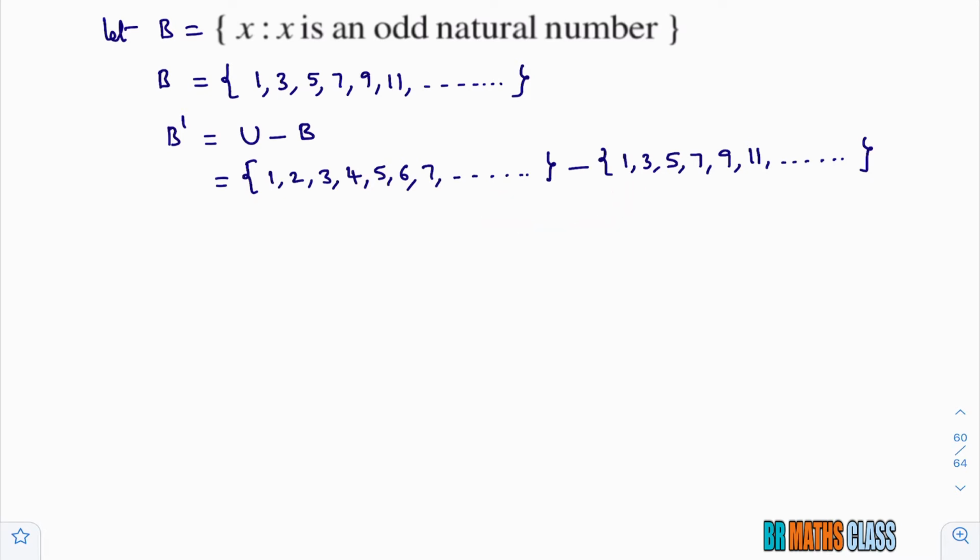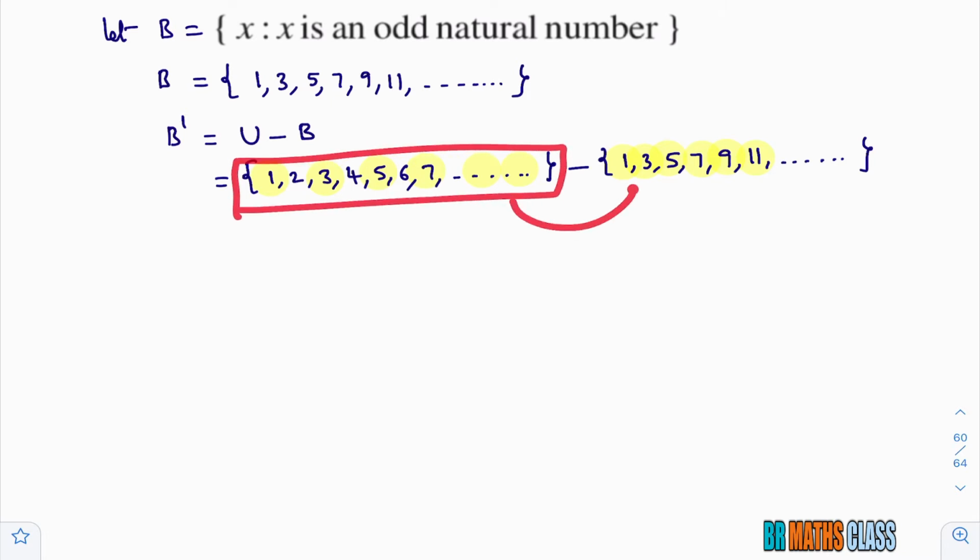Difference of these two sets means first you identify the common elements. 1 is common in both, 3 is common in both, 5 is common in both, 7 is common in both, 9 is also common in both, 11 is also common in both. So you identify what elements are present in the first set other than the common elements.